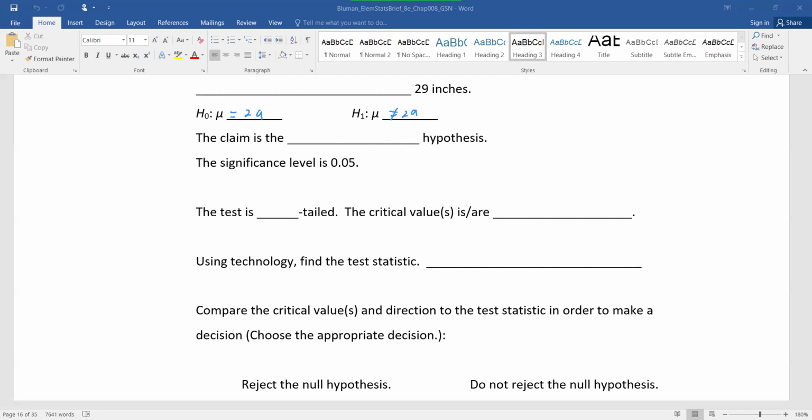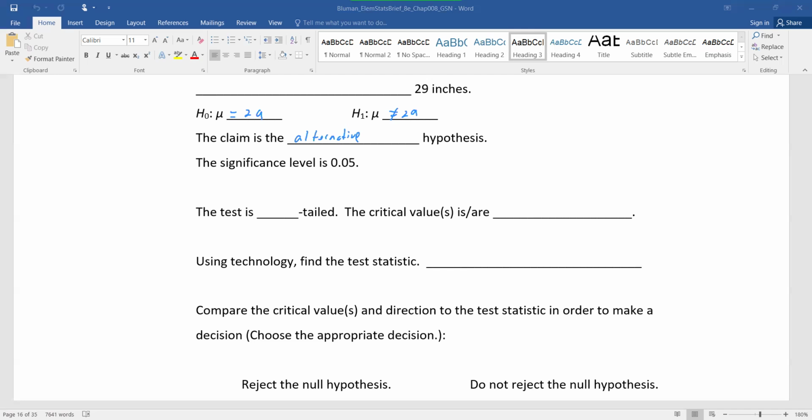We're claiming the alternative, because the researcher is stating that the mean differs from 29. So the claim is the alternative.